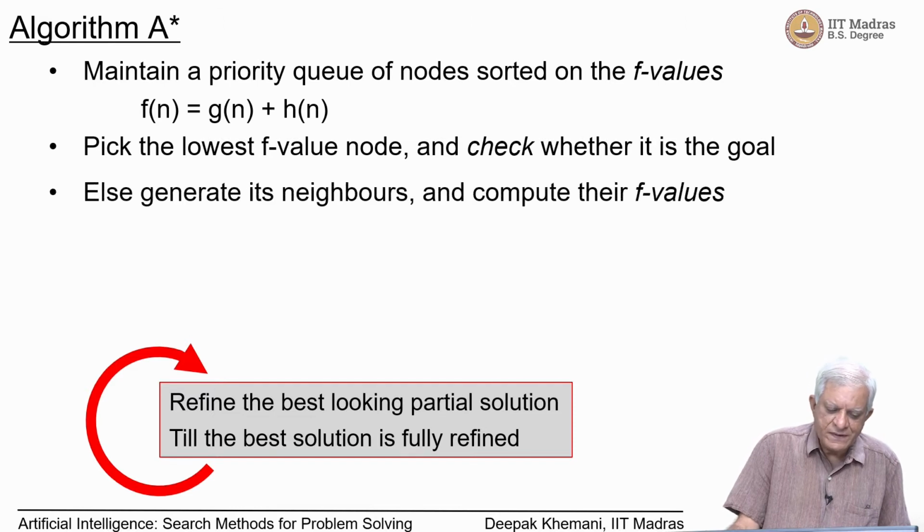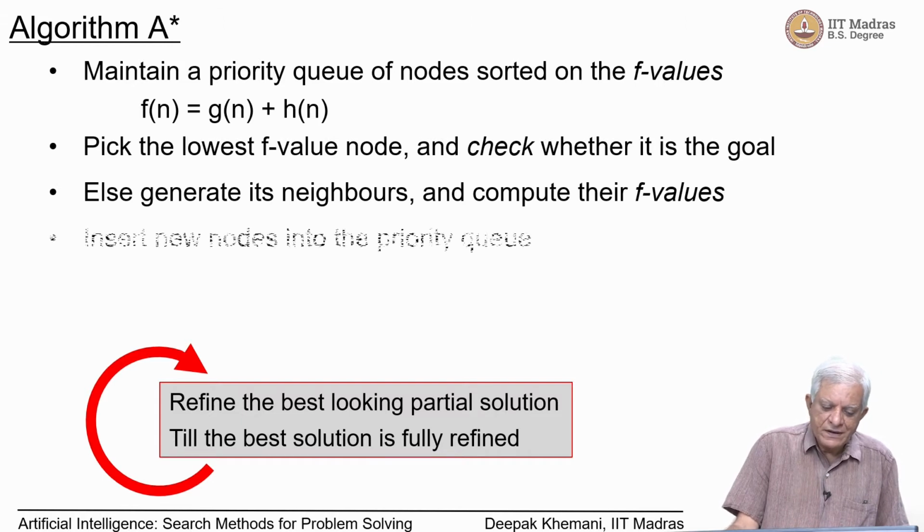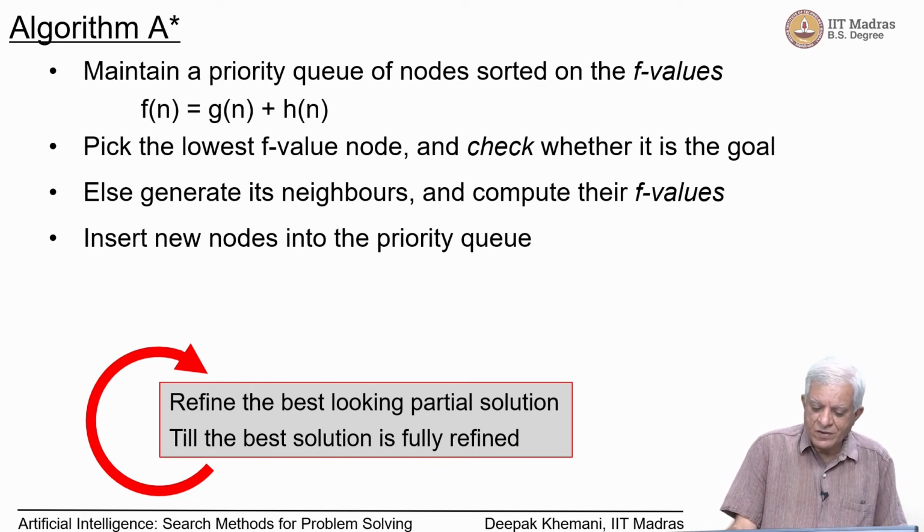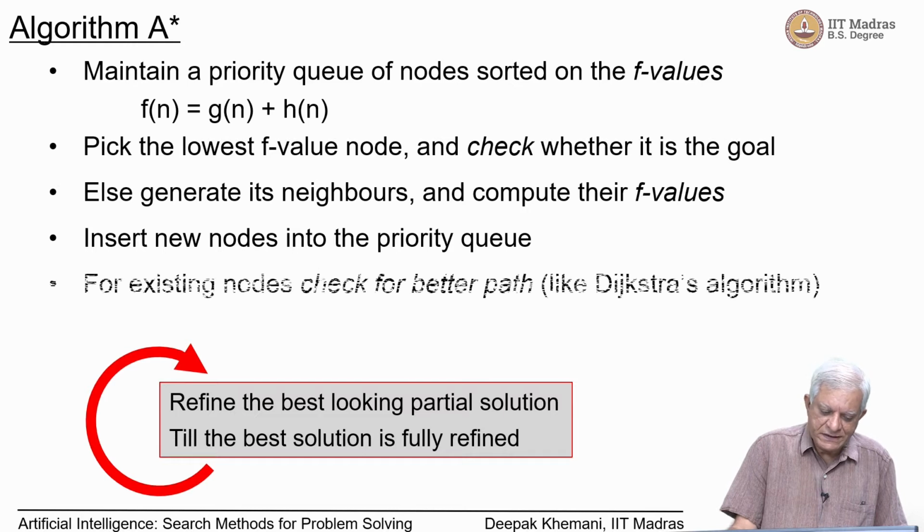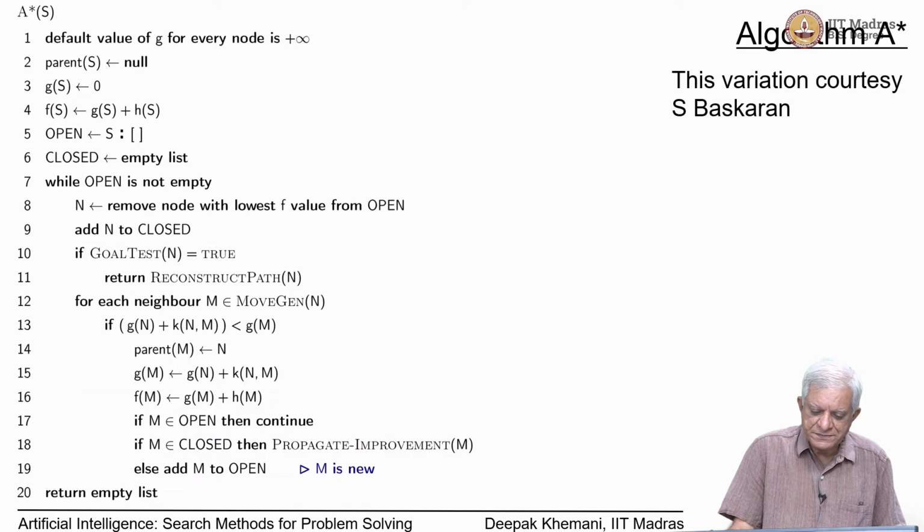If it is not the goal, generate its neighbors and compute their f values, and insert the new nodes into the priority queue. As we will see, we will keep only one copy of every new node that is generated. For existing nodes, check whether you have found a better path, like we did in Dijkstra's algorithm. So, that is going to be the strategy of A star.